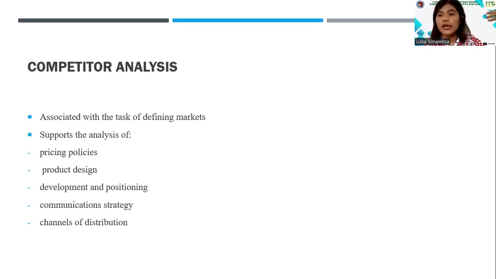So we have to include the competitor in our market analysis. And then this competitor analysis will support us to analyze the pricing policies, pricing techniques. To analyze the pricing policies, when we will offer the discount, when we will offer the voucher, it is also related to pricing policies.